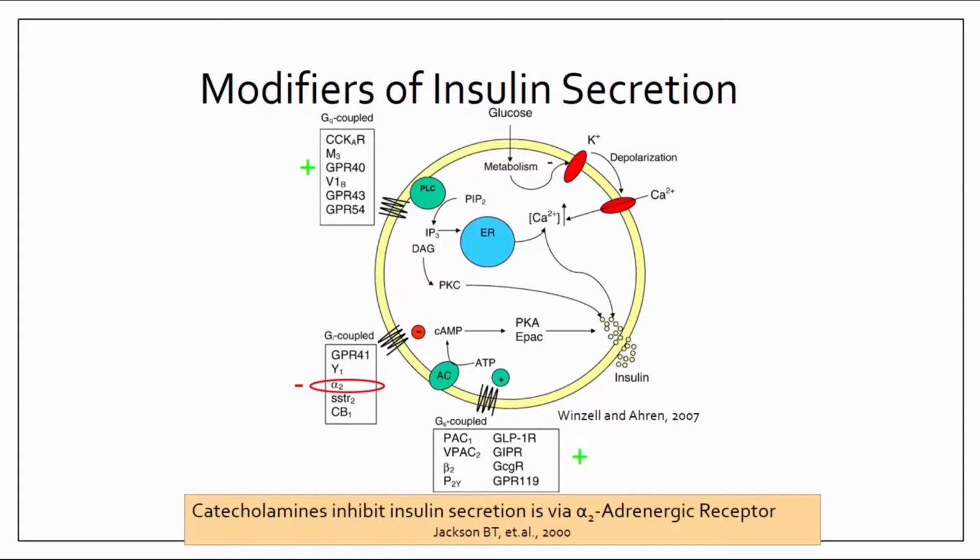In addition to this trigger through glucose, we also have modifying G protein coupled receptors, and they can be both positive or negative in response to modifying insulin secretion. The one, of course, we're interested in is the adrenergic receptor alpha 2, which has been demonstrated to be the one in the sheep fetus that inhibits insulin secretion as well, similar to what you see in the adults, mouse, rat, human, everything else.